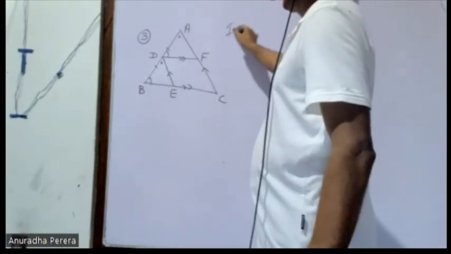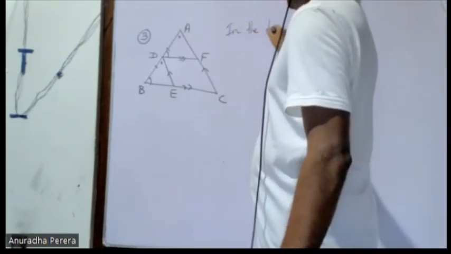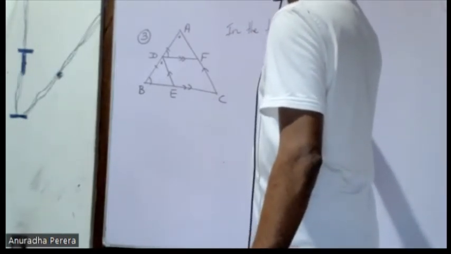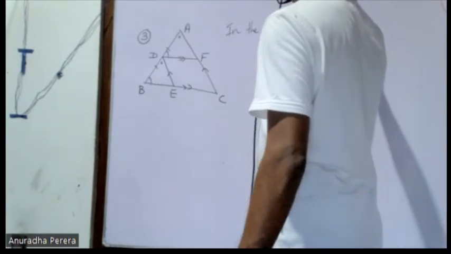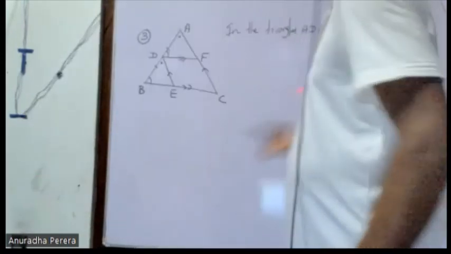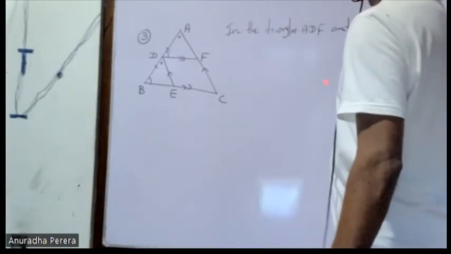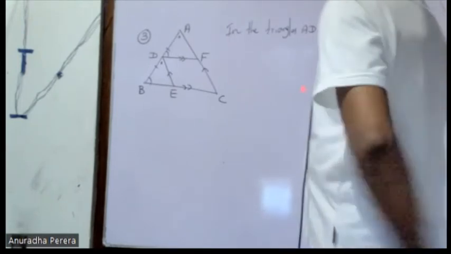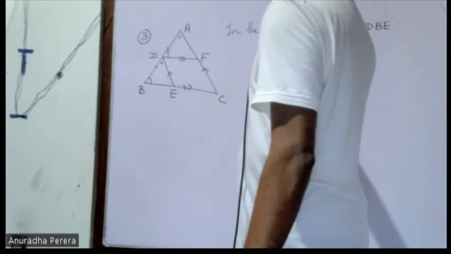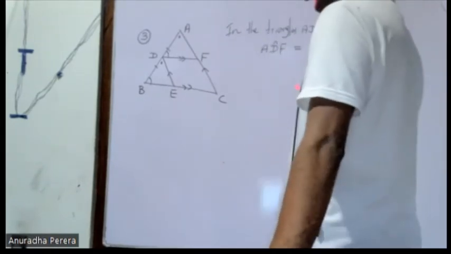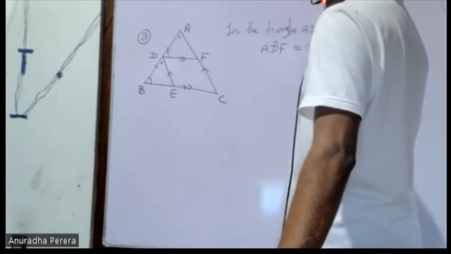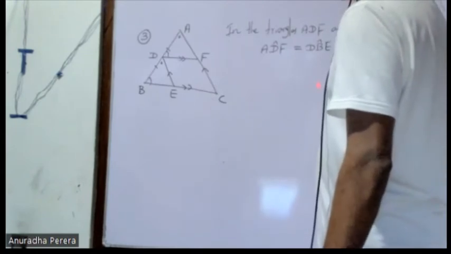In the triangles ADF and DBE, ADF equals DBE, corresponding angles.